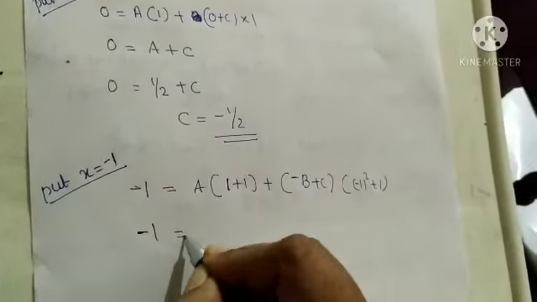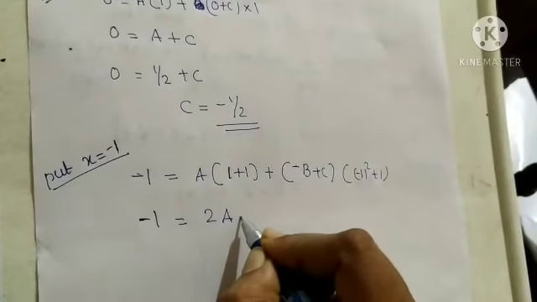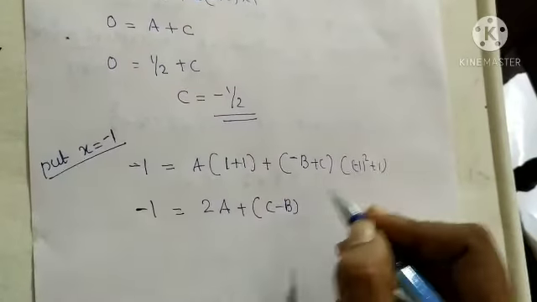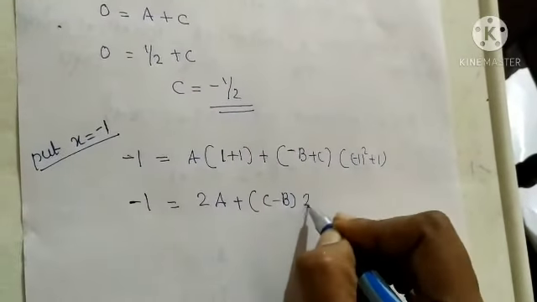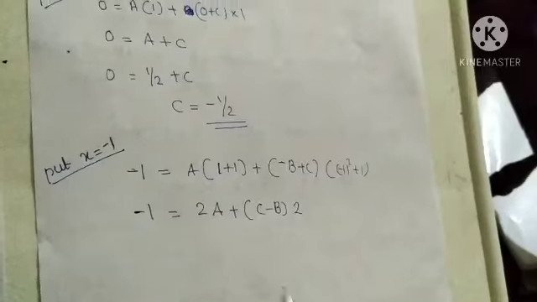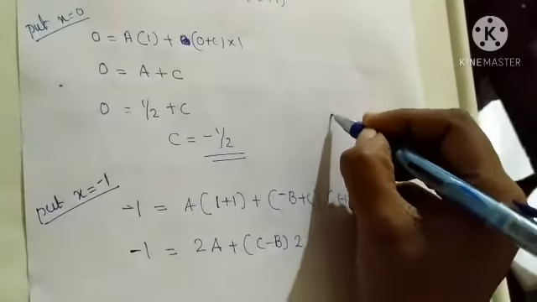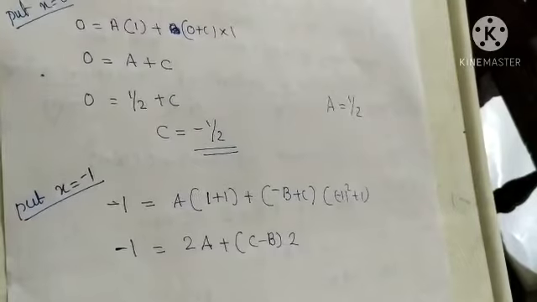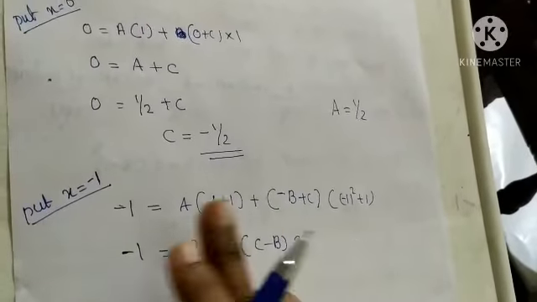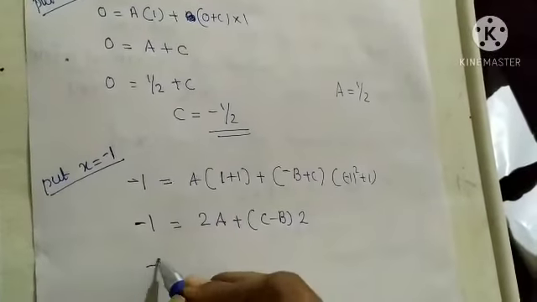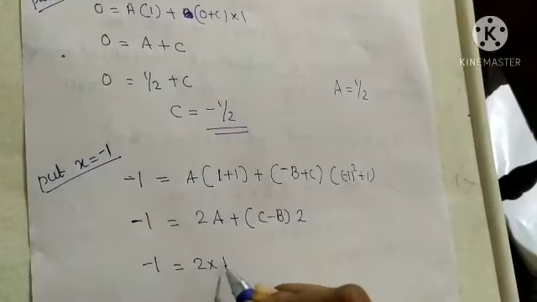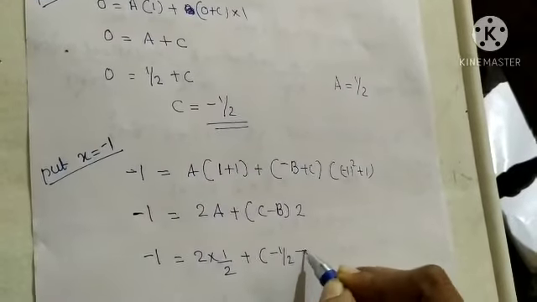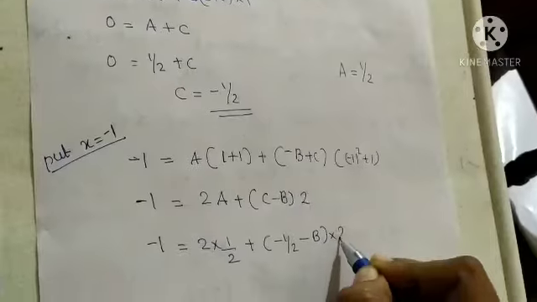So minus 1 equal to 2a plus c minus b into 1 square plus 1, that is 2 here. Okay, and here we know the value of a as 1 by 2 and c as minus 1 by 2. So substituting a and c here, we get minus 1 equal to 2 into 1 by 2 plus minus 1 by 2 minus b into 2.